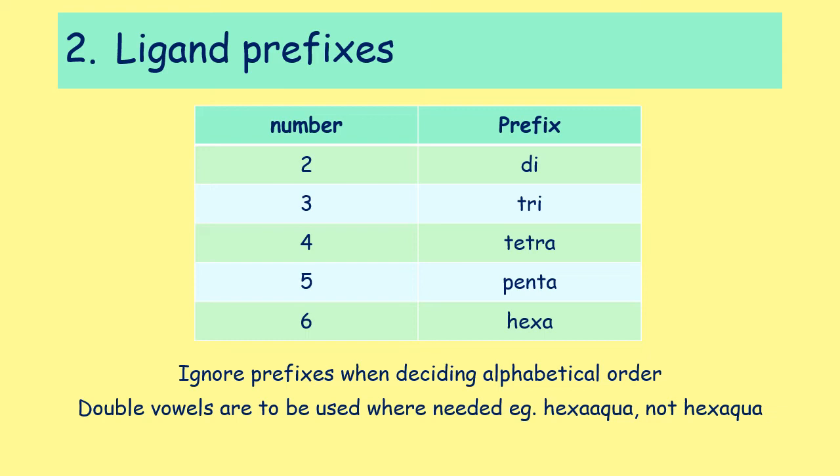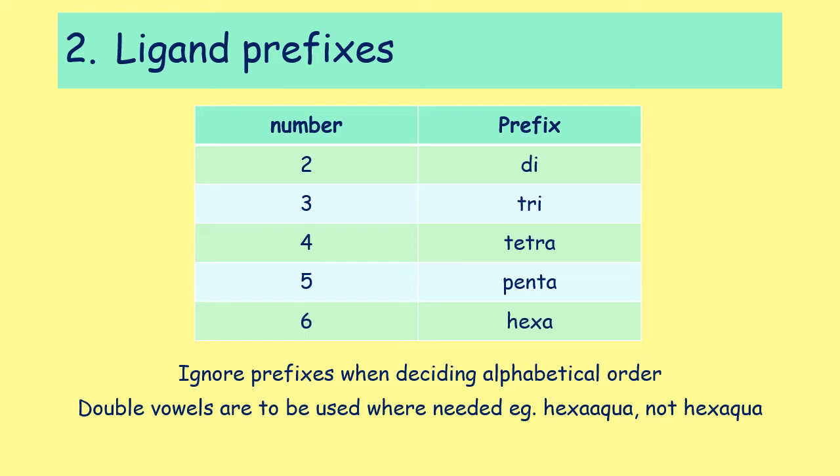Now for these ones, it doesn't matter what order the prefixes are alphabetically, it is the ligand it is associated with that determines the order. So for example, if you had 3 water molecules and 2 chlorides, it would be triaqua dichlorido, because aqua comes before chlorido.